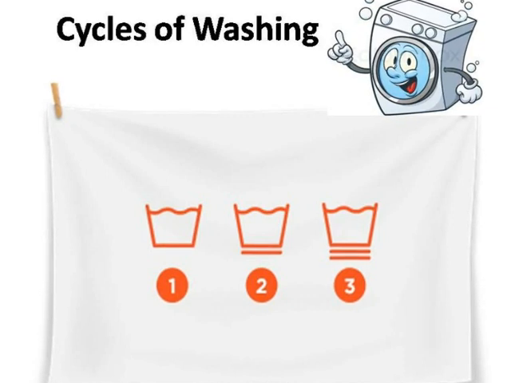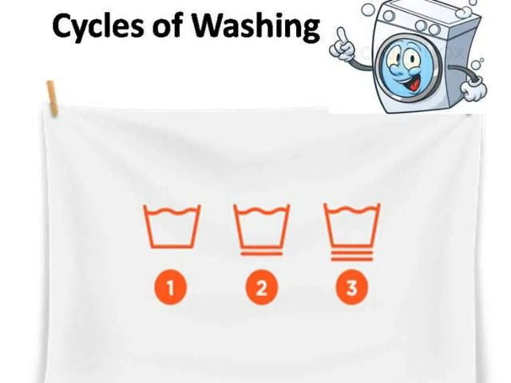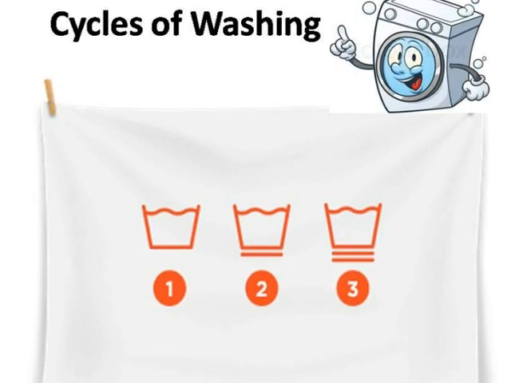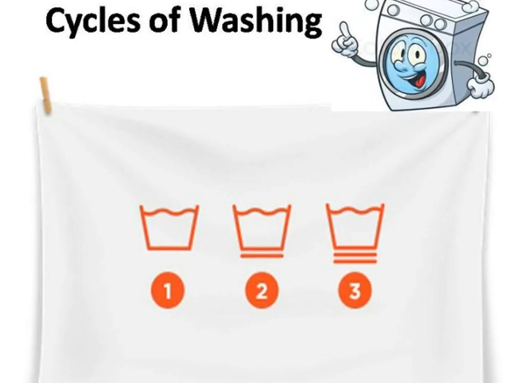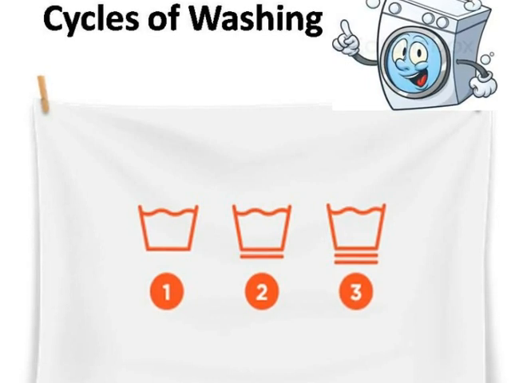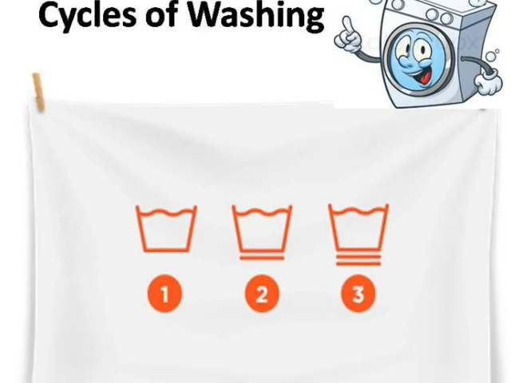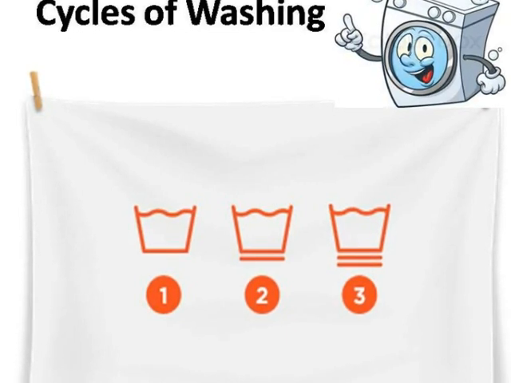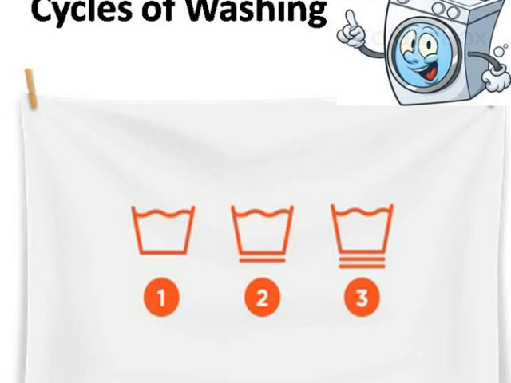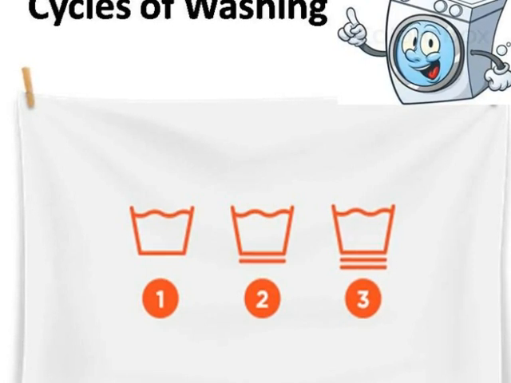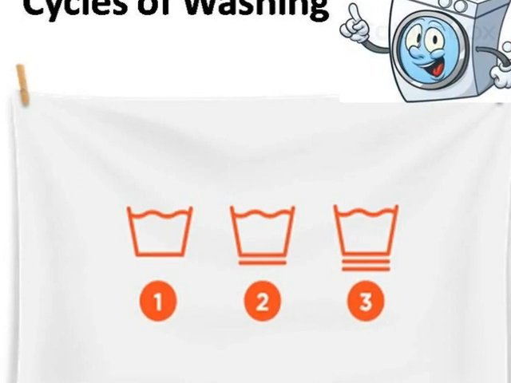The first symbol indicates that your product should be washed with normal cycles of the machine. It is also the same symbol as machine washing. In the second symbol, you see a single line under the tub. Your product should be washed on permanent press cycles. And in the third picture, two lines are drawn under the washing symbol, meaning that your textile product is very delicate. It requires a gentle cycle of the machine.